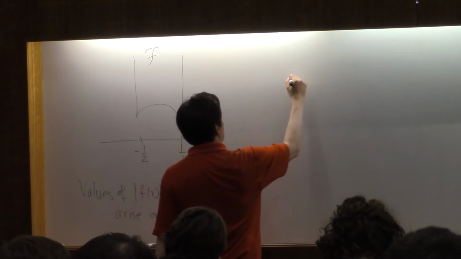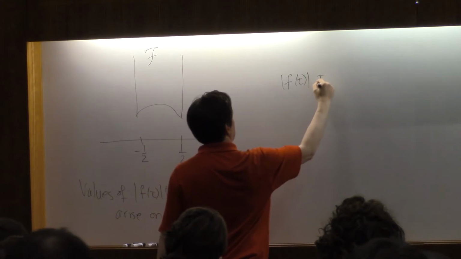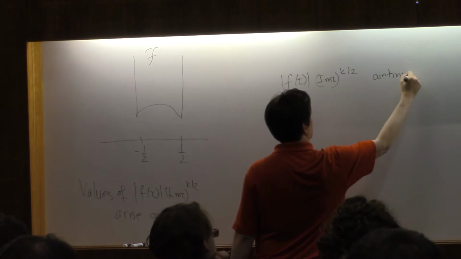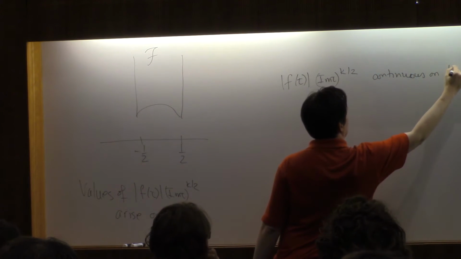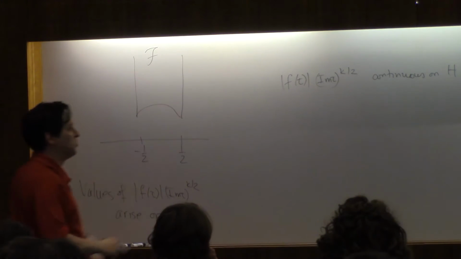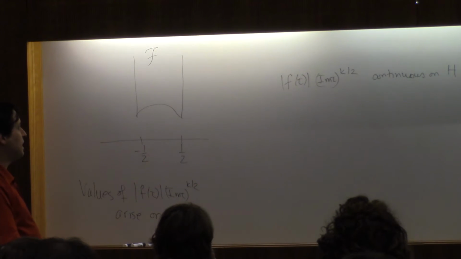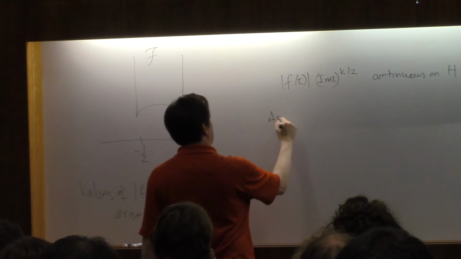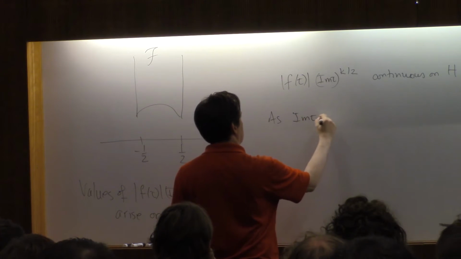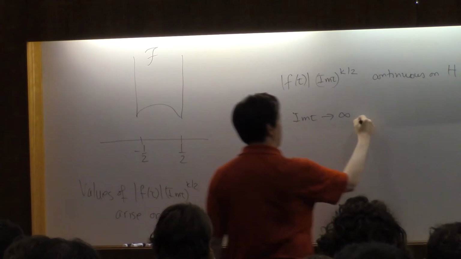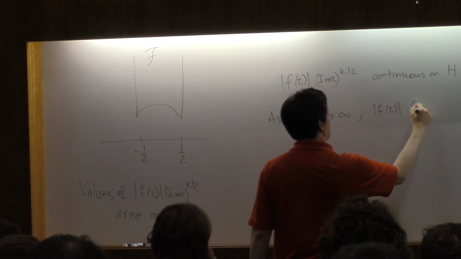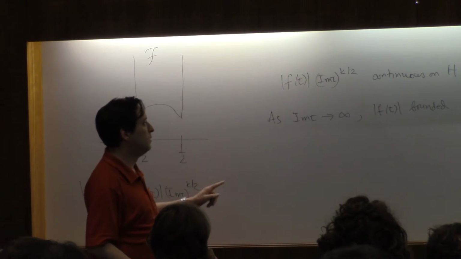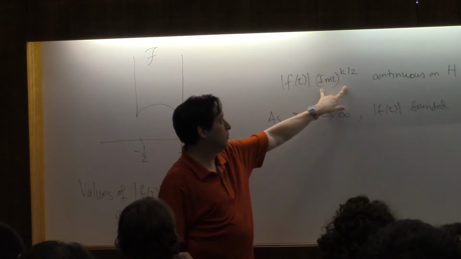So what can I do with this? Well, this expression is not complex analytic, but it is certainly continuous on the upper half plane, let alone the fundamental domain. How does it behave when the imaginary part is large? As the imaginary part gets big, as tau goes to i infinity, we know that this part is bounded. In fact, it has an actual limit, since f is a modular form. Now what happens to this expression?